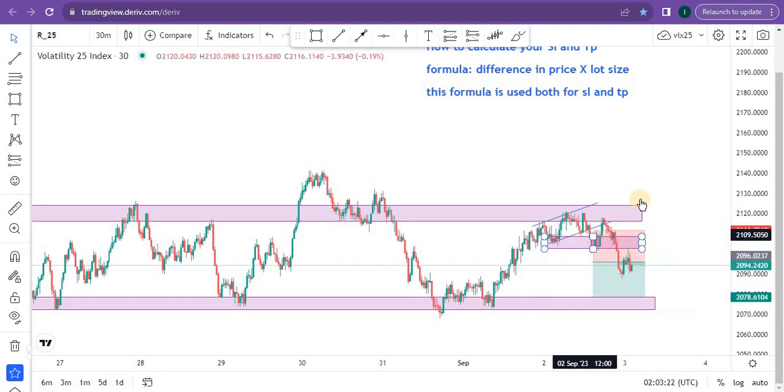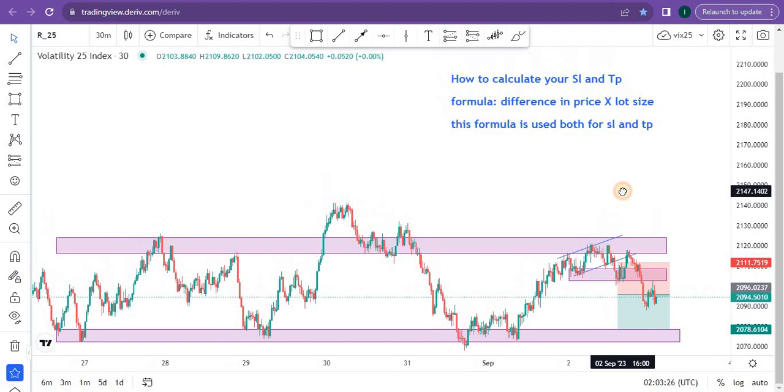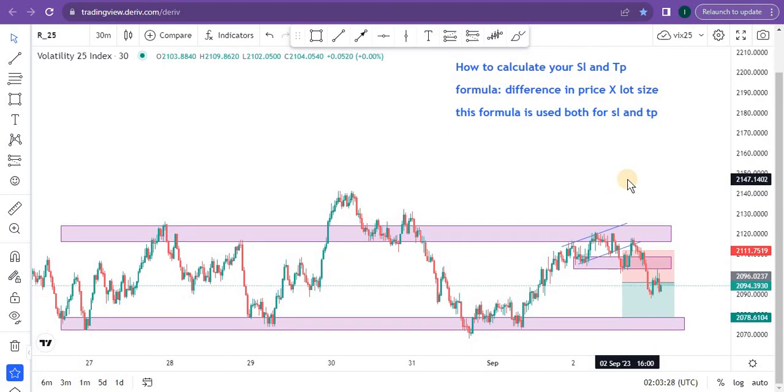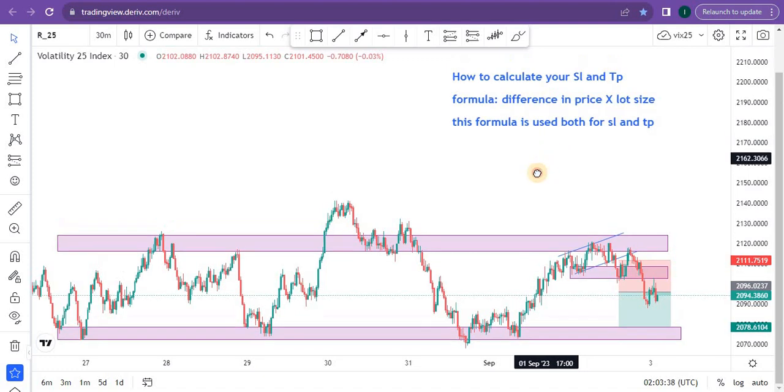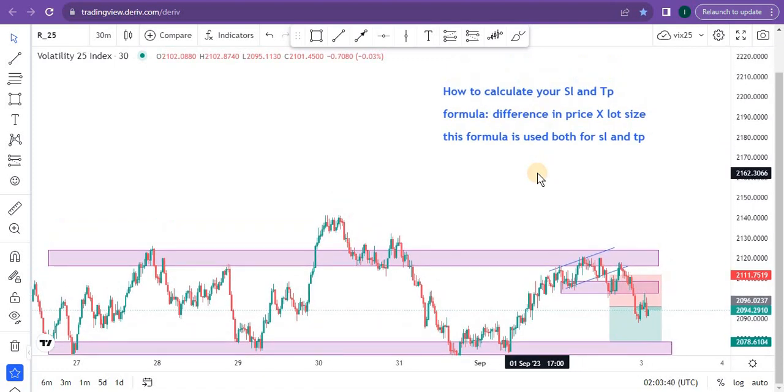So all we need to do is just multiply it with whatever we have, and we have the price we expect to lose or gain when the market gets to our SL or our TP. Now here you have to understand that we are calculating the exact amount we are expected to lose.